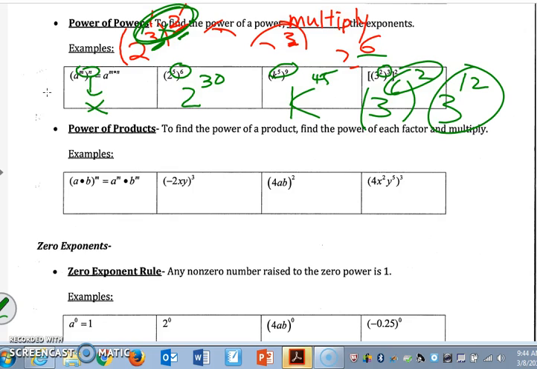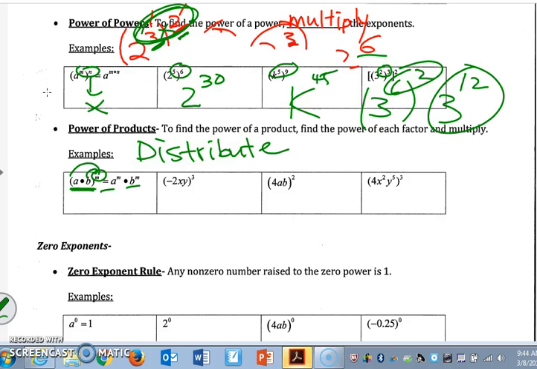The next one is power of products. So to find the power of a product, find the power of each factor and multiply. So this is just like a distributive property. So I'll show you. When you have A times B and outside you have one power like that, you're going to distribute to each.